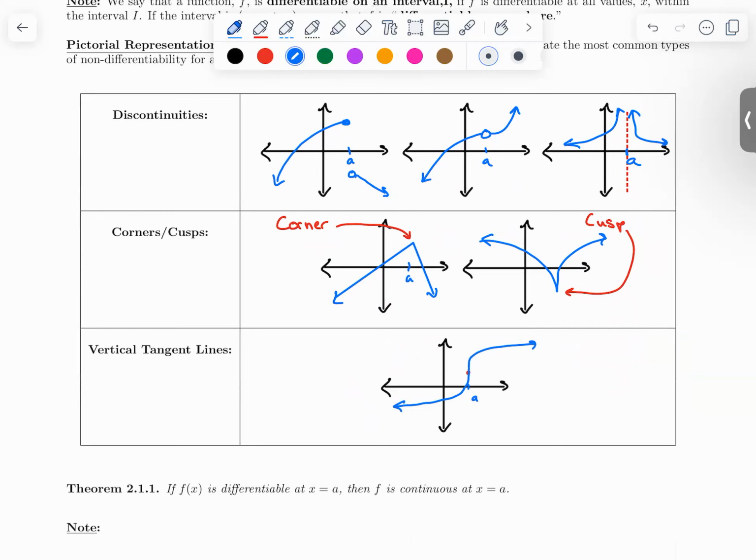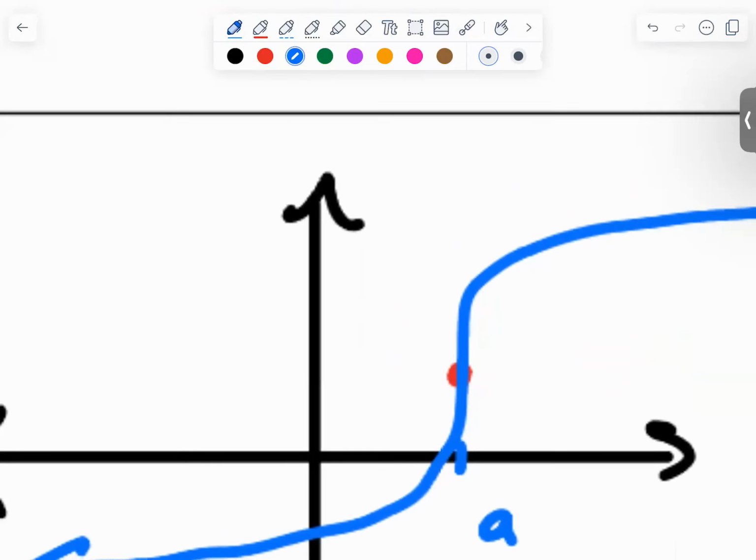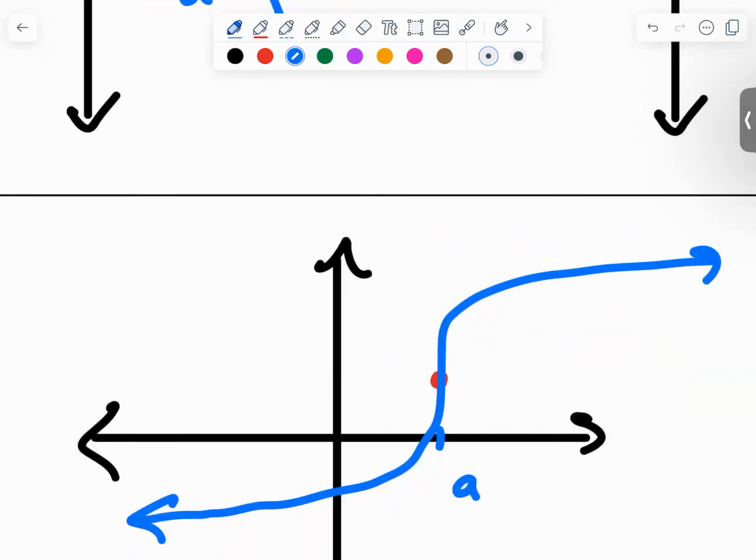But if you get really granular, you'll see that it is not a vertical line at all, right? It looks like a vertical line, so you might fail it, but it's really hard to draw these things. The cube root of X looks like this, and it passes the vertical line test, but at 0 for the cube root of X, you end up having this vertical tangent line.